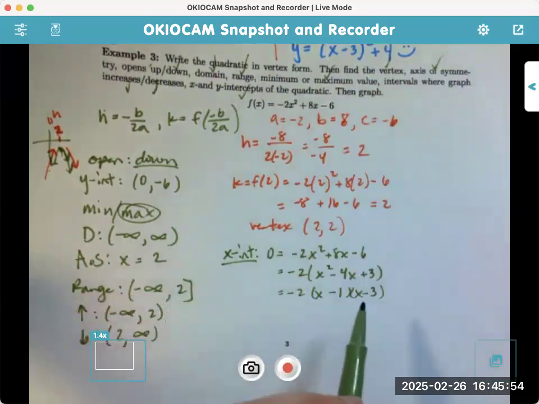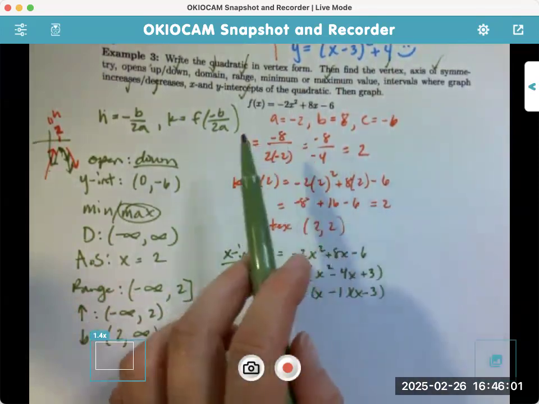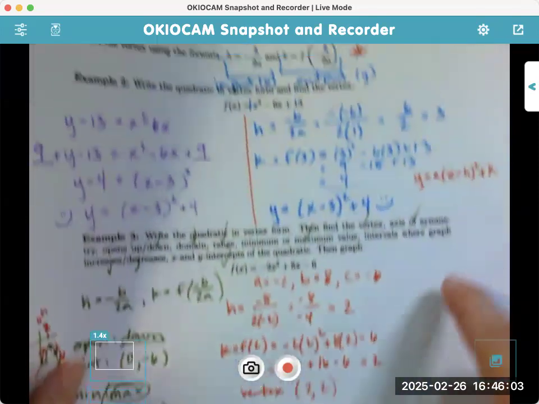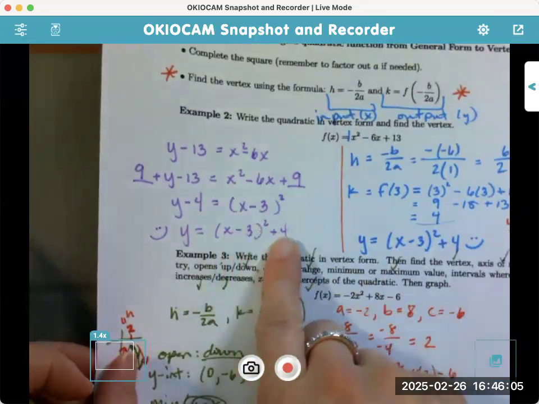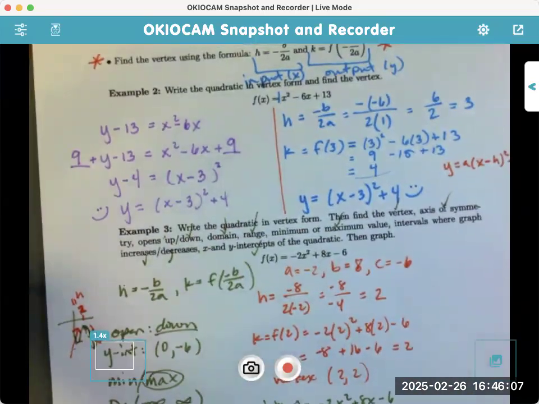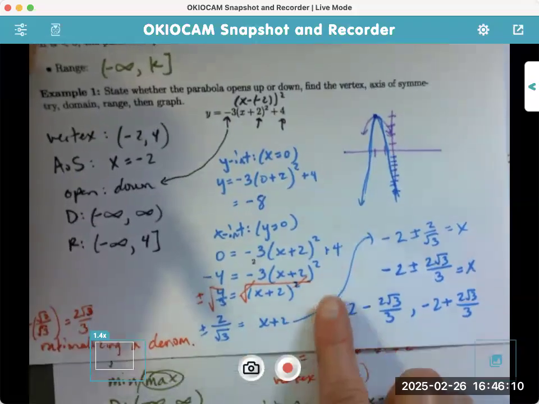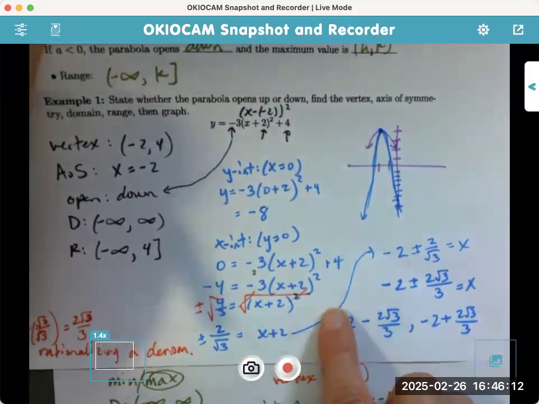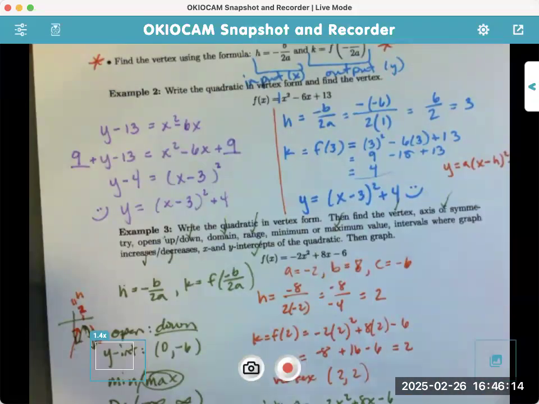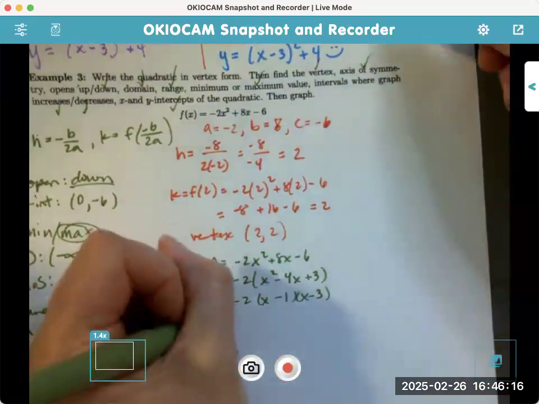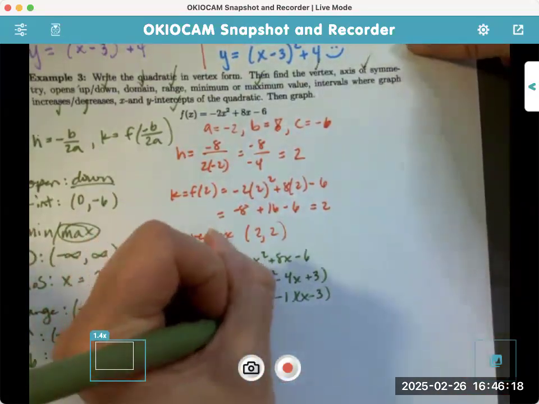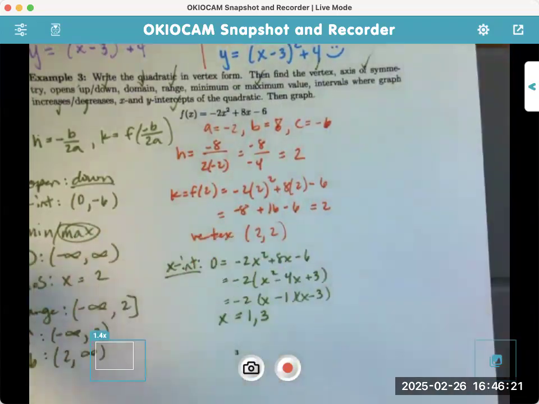So this does factor nicely. If it doesn't, then you'd put it into vertex form and then use the square root method, like I showed y'all here. Or you can always use the quadratic formula too. Lots of options. But I digress. So zero product principle says that x equals 1 and 3. We've got everything. Now we're ready to graph.